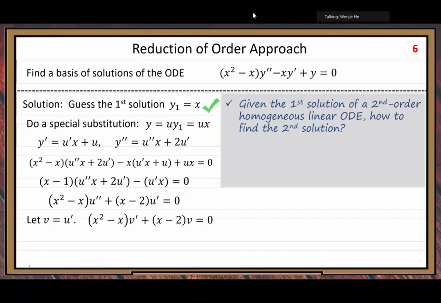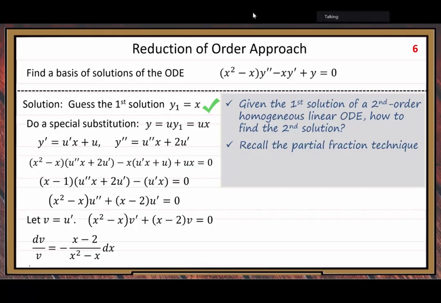All right. Then, with that new v function introduced, now you can find the solution for this first order ODE. Here we use separation.